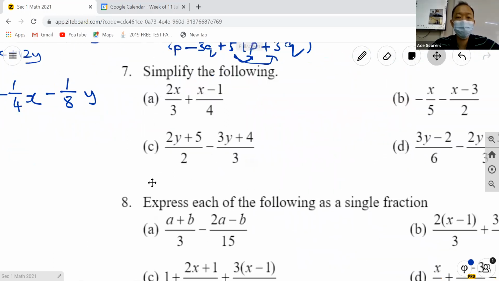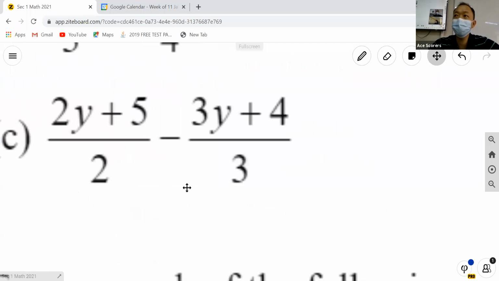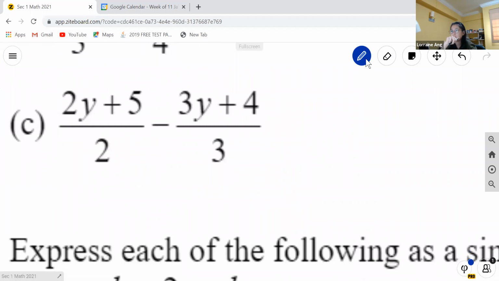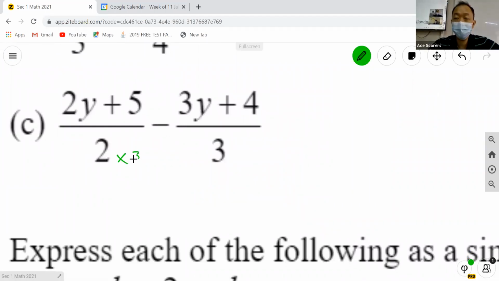So what's the common denominator in this case, between 2 and 3? Common multiple of 2 and 3? 6. 6, yeah. So here times 3, and here times 2, right?